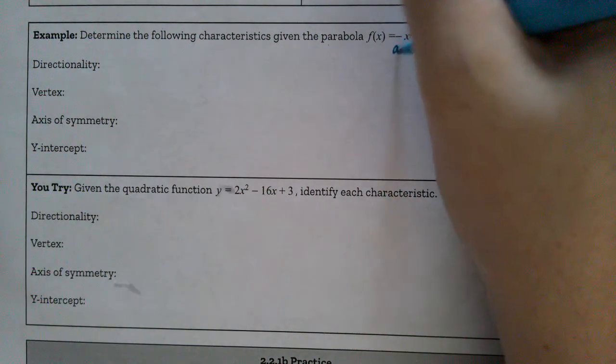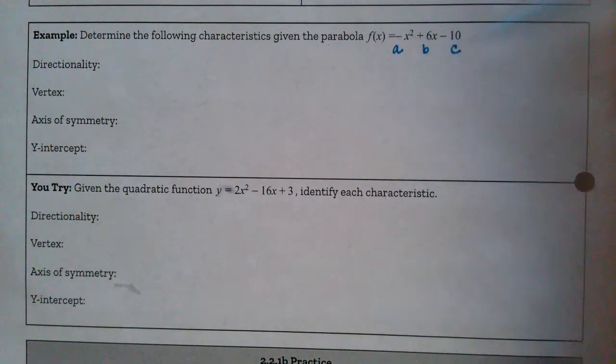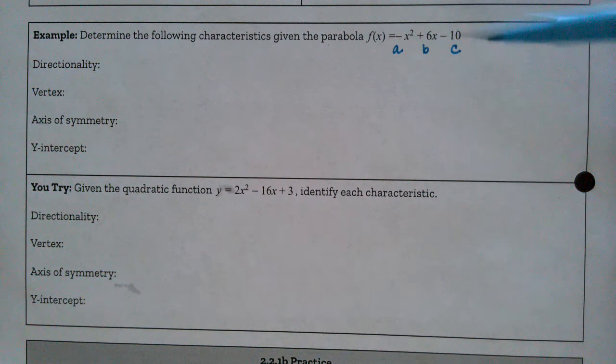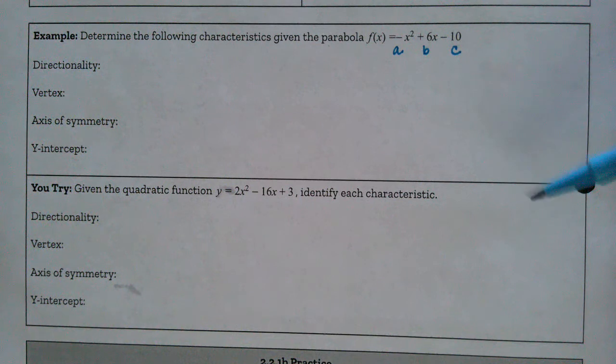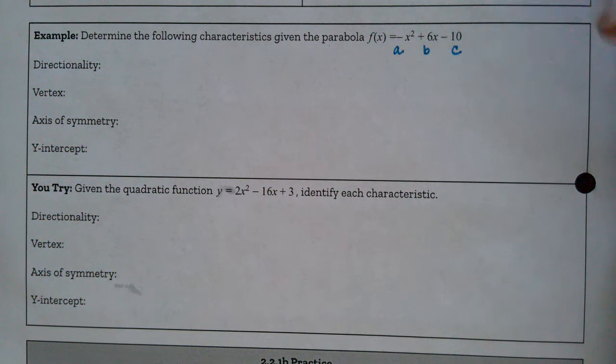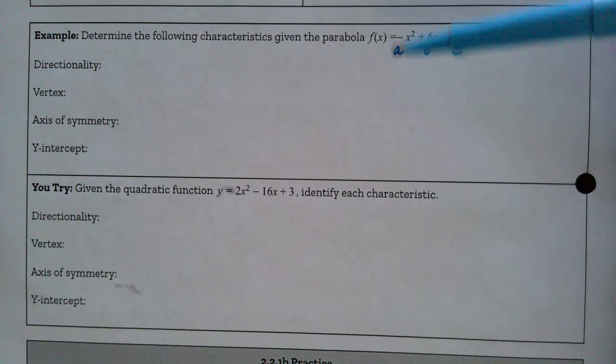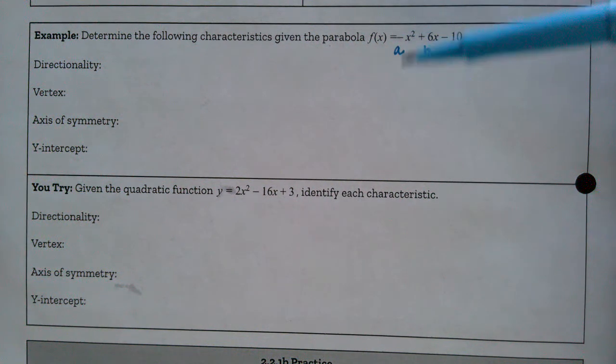And I like to just kind of label, like, here's A, here's B, here's C. They're typically in order, but you do have to remember that A needs to go with x squared, B with x, and C is the constant, because if it's missing its B value or something, you don't want to get confused. So in our case, our A value is negative. So there's a -1 for our A value. So that means our directionality is down.